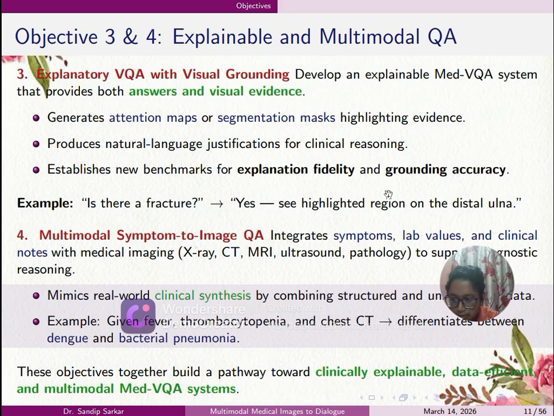Real diagnosis requires information from diverse modalities, including symptoms, lab findings. Our system will combine both structured data and unstructured data with medical images for a realistic diagnosis setting.